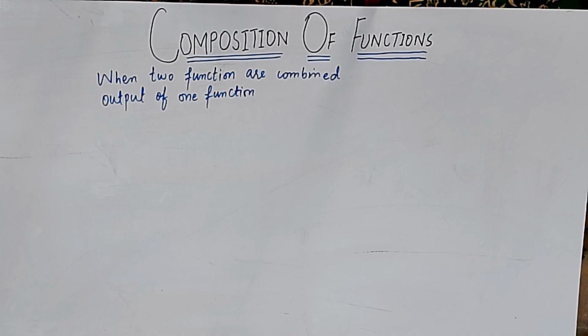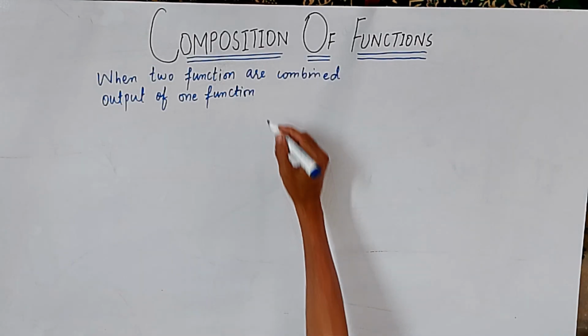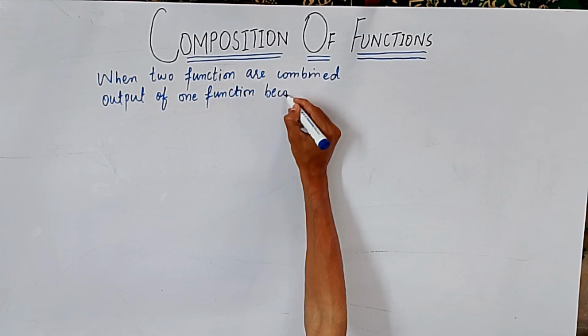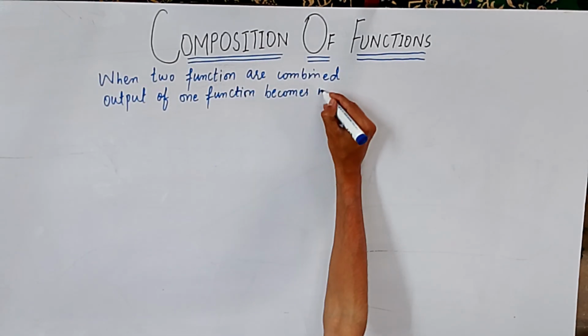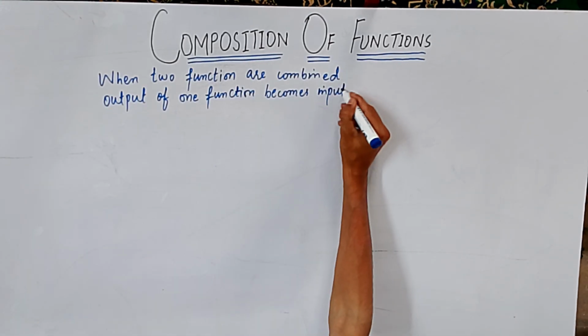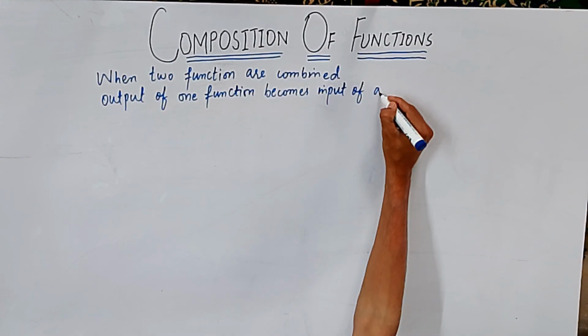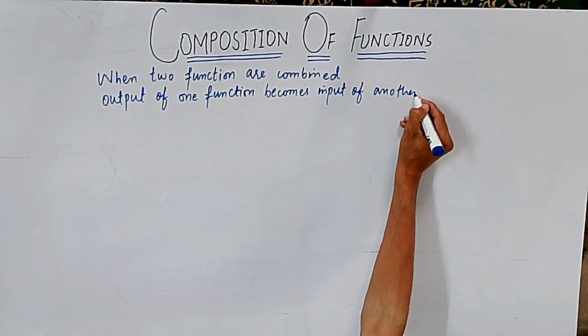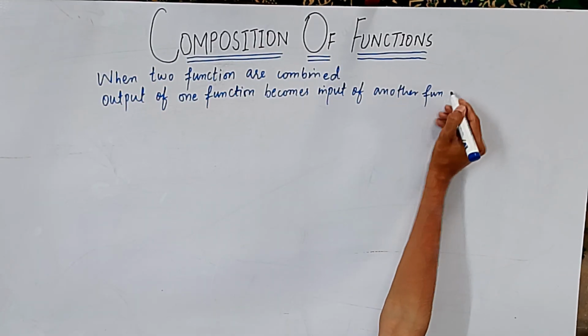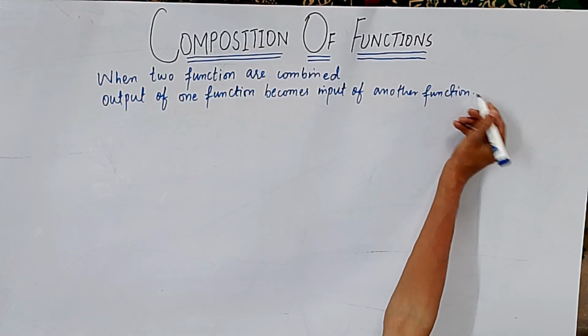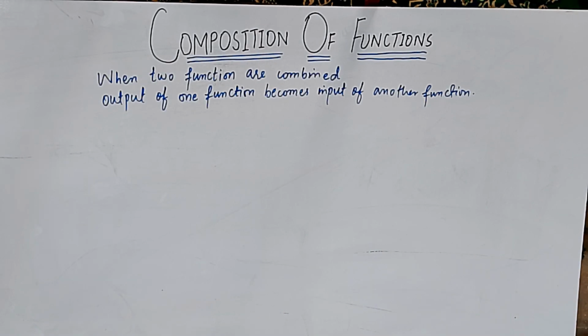So when you have two functions, the output of one function becomes the input of another function, the input of the second function, and then after solving it you will get a combined output of both the functions. So this process is called composition of function.